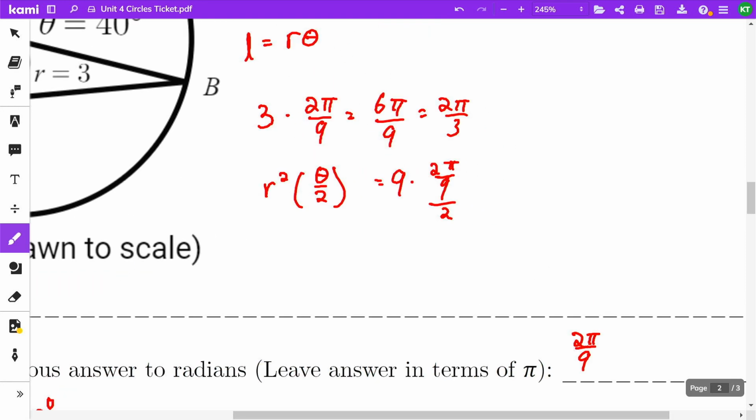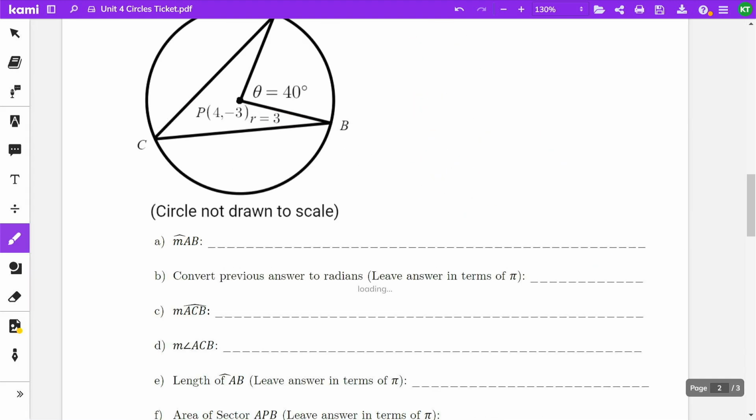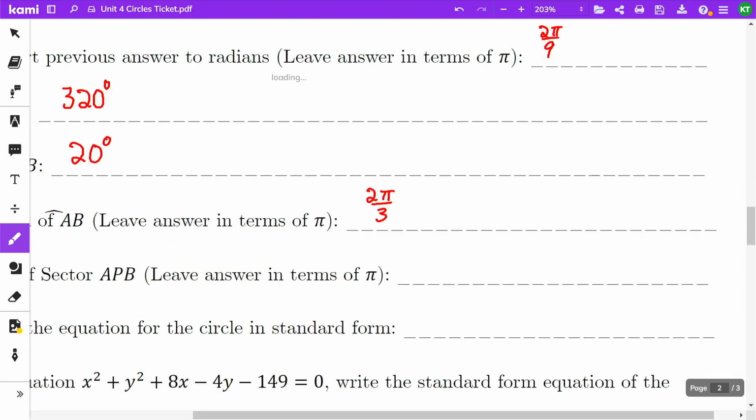When I simplify this, that's going to be 9 times 2 pi over 9 times 1/2. This 2 and this 2 are going to cancel out, and then this 9 and this 9 are going to cancel out. So all I'm left with here is just pi. So the area of my sector is just going to be pi. That's pretty straightforward. That's pretty simple.